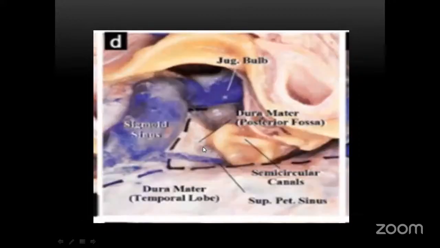These are two cuts. Look at this one. At the level of the temporal lobe, these two cuts are here. This is the dura at the posterior fossa.